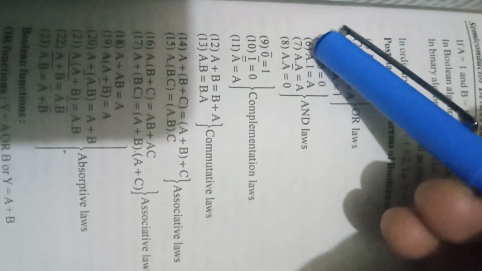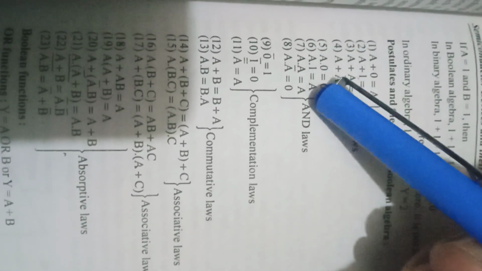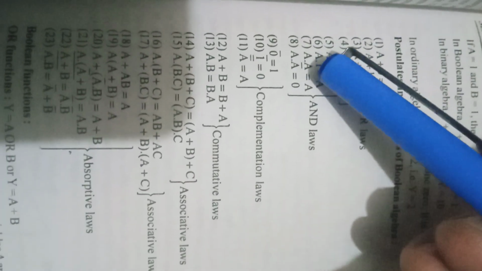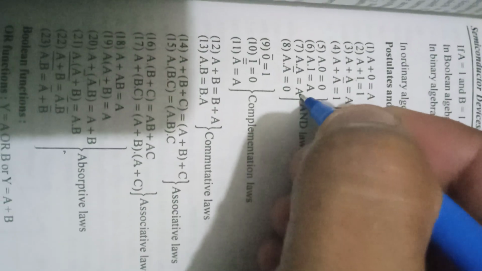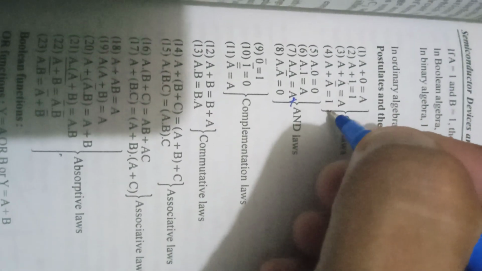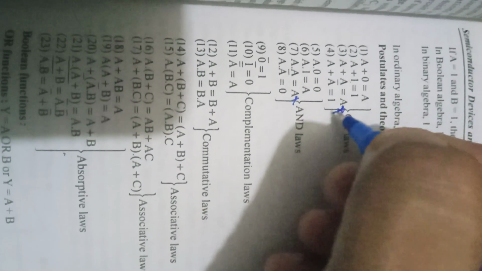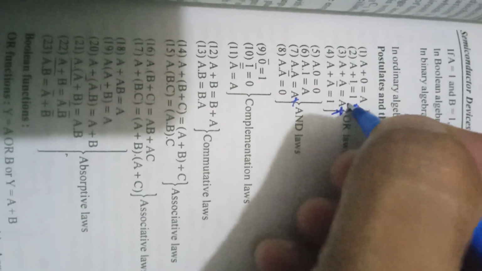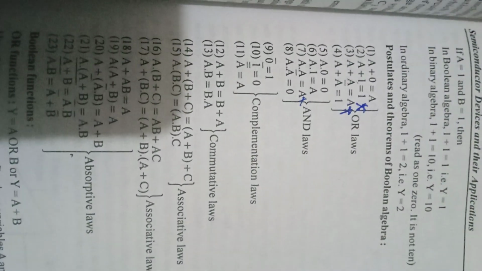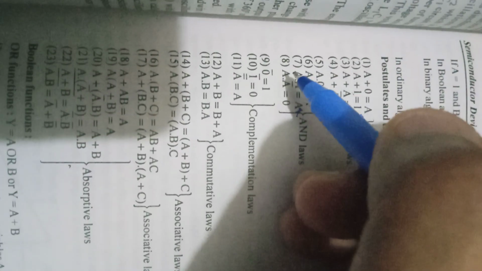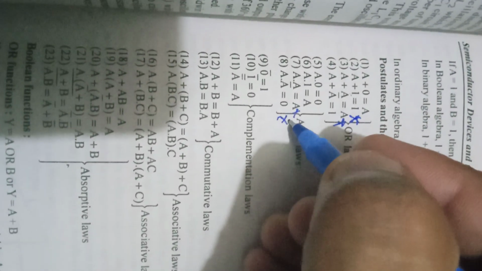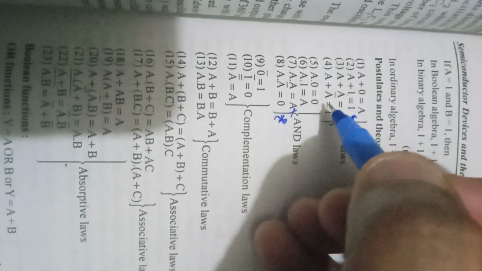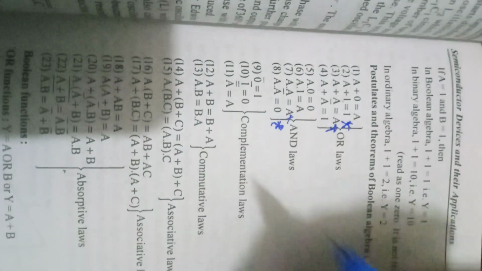Multiplication you all know. If you multiply A with 1, it will be A. If you multiply A with A, very important one. These are important things, never forget this. These are the cases which you have to mark. In this case, A dot A complement is always 0, while in case of addition it is always 1. 0 complement is 1, 1 complement is 0.